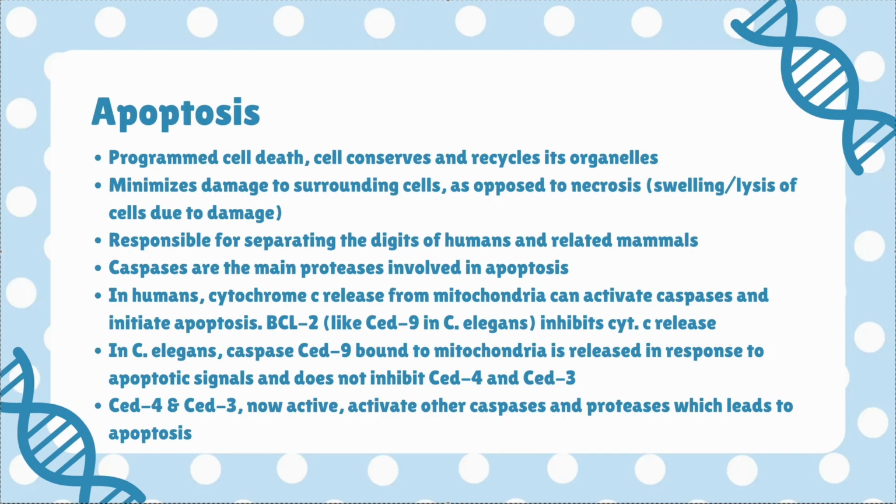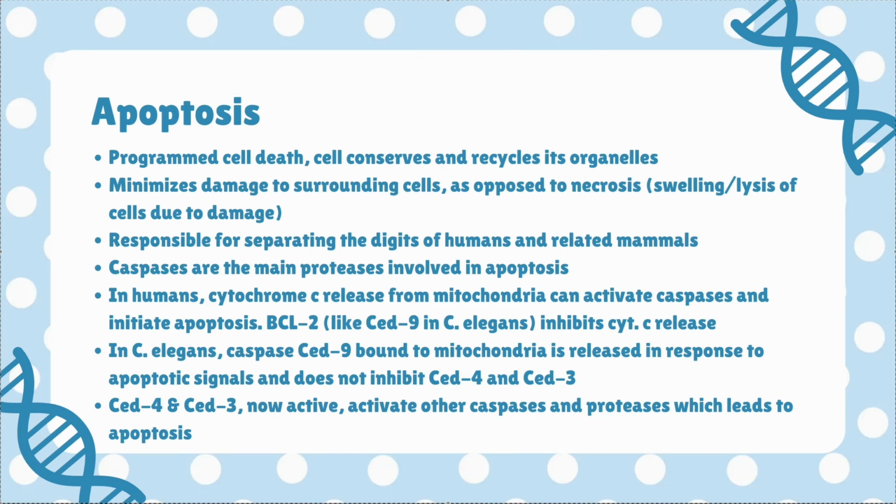In humans, BCL2 inhibits cytochrome C release from the mitochondria. So usually it's suppressed, but when there's cellular damage, BCL2 does not inhibit cytochrome C release, and then cytochrome C can be released, activate caspases, and lead to apoptosis.